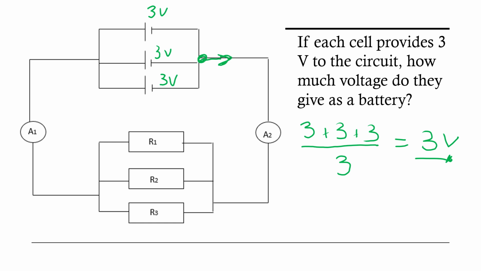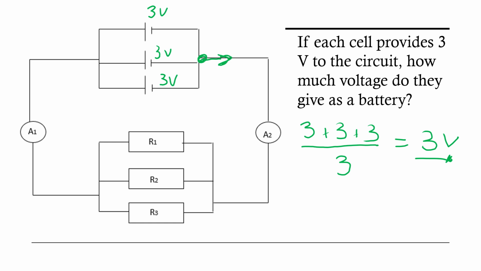So this means that the batteries last longer, but it just means the current strength is not that great. So if you need something with a very high current strength, you're going to use series. But if you want your batteries to last longer, you're going to use parallel. Okay, so it's a little bit trickier than series, but you just need to know that parallel are current dividers, so we need to divide by how many there are.